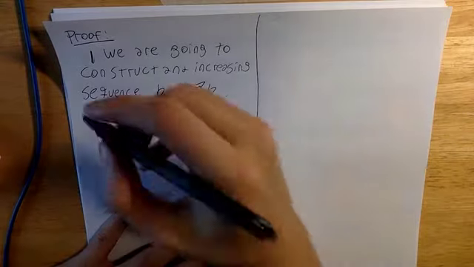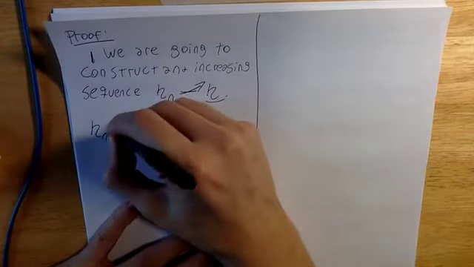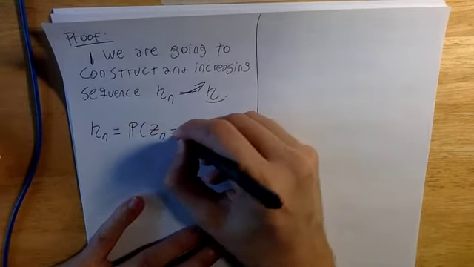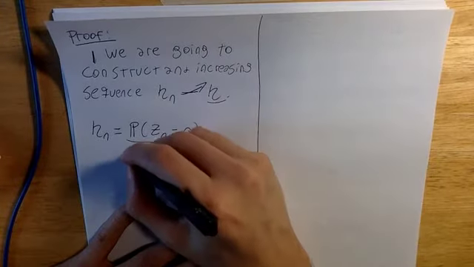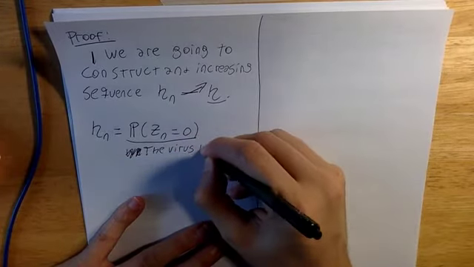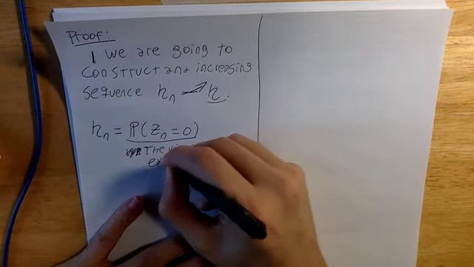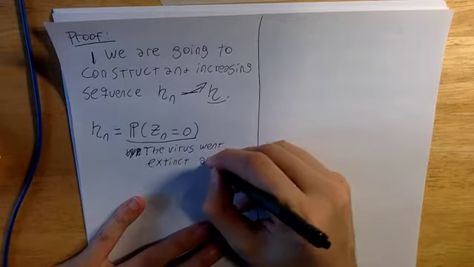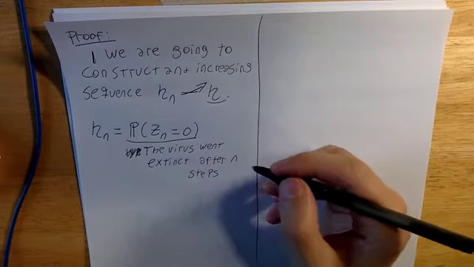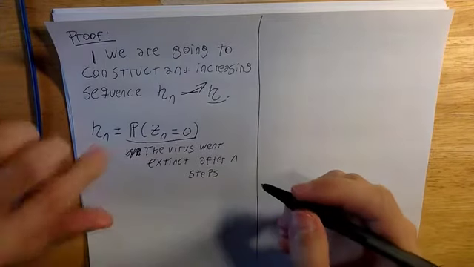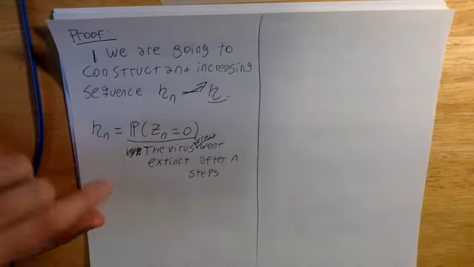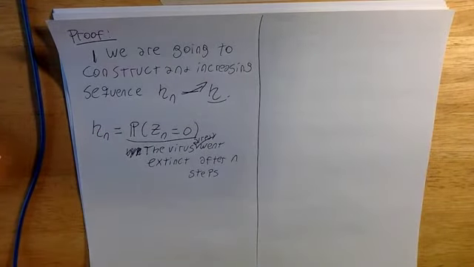So what is eta_n? Eta_n is the probability that Z_n is equal to 0, so that the virus went extinct after n steps.